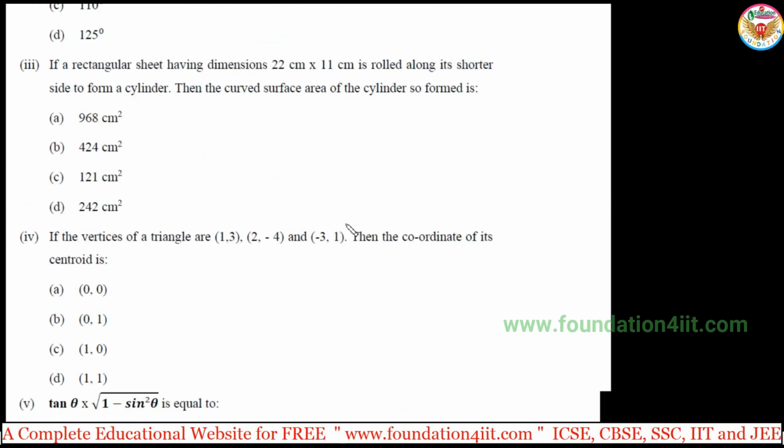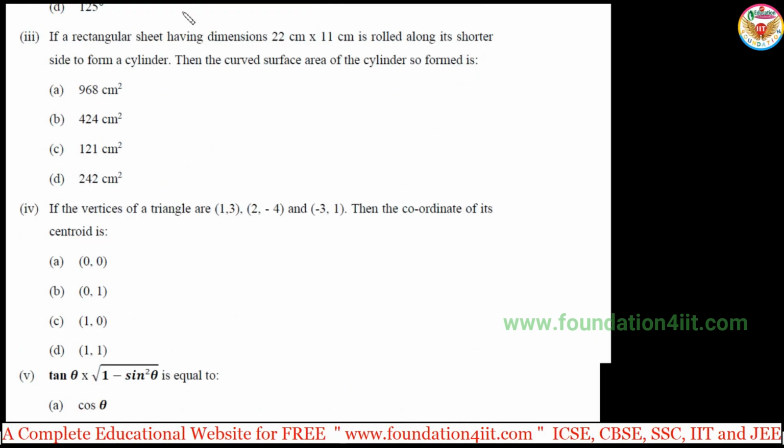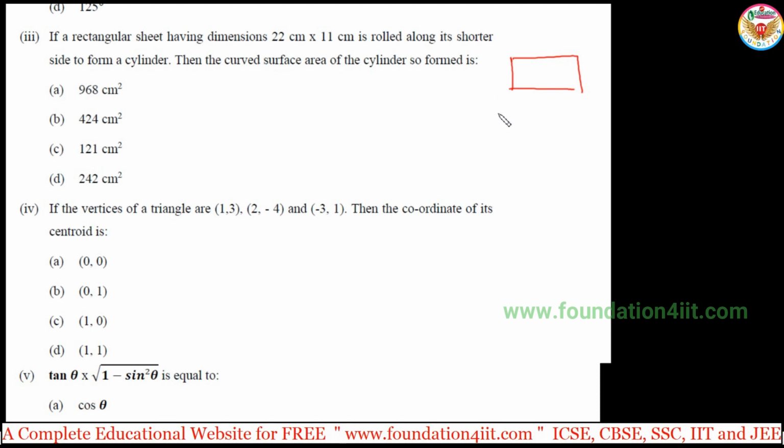And this third one, if a rectangular sheet having dimensions 22 by 11 is rolled along its shorter side to form the cylinder. Okay, so that means this distance should be equal to the circumference of the circle. Then CSA, curved surface area of the cylinder so formed.